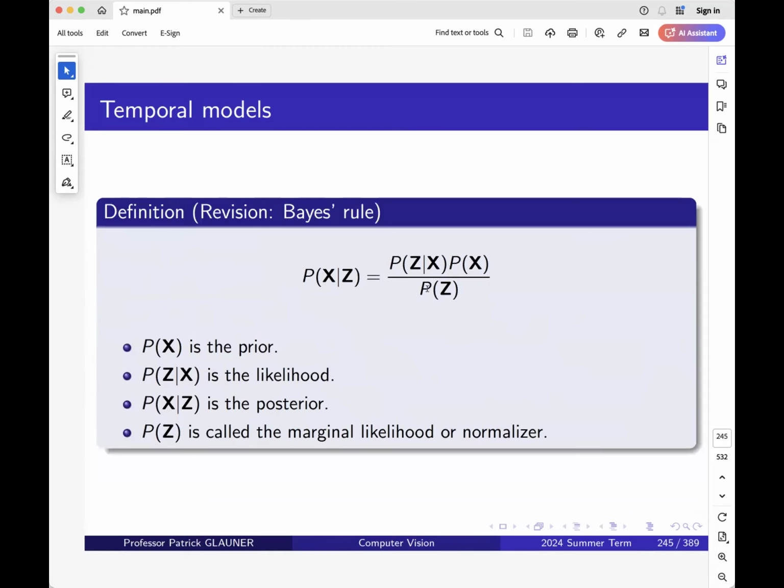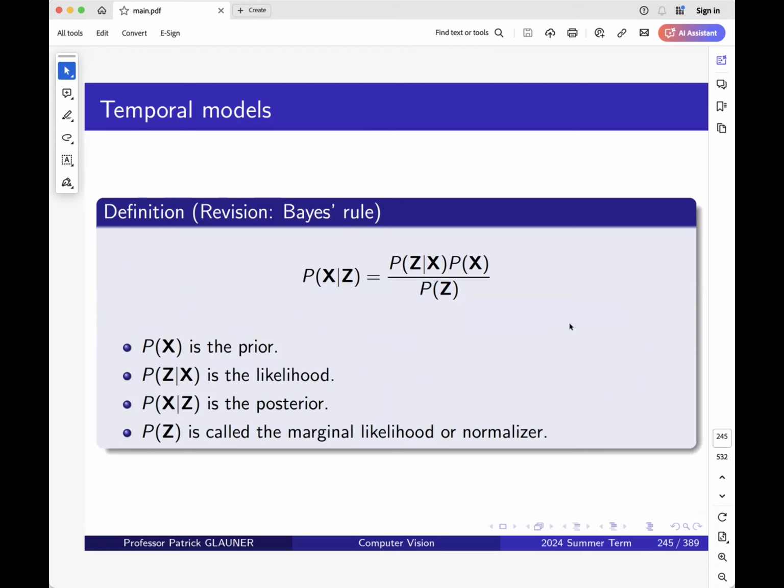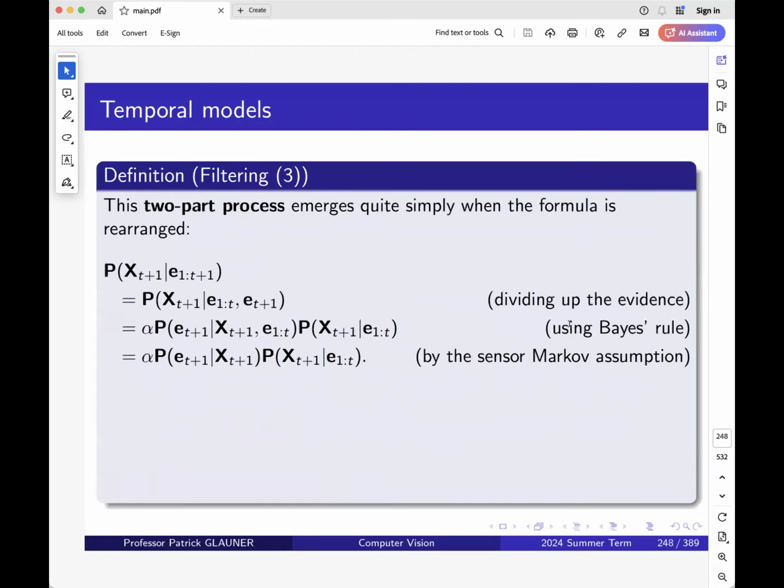The normalizer only makes sure we get proper probabilities so that these probabilities in the distribution finally add up to 1. But if we don't care about normalized probabilities, we can just leave this normalizer away, and later we will normalize it. So this is something you often see in the literature, that the normalizer is not specifically written out, but it is unnormalized probabilities.